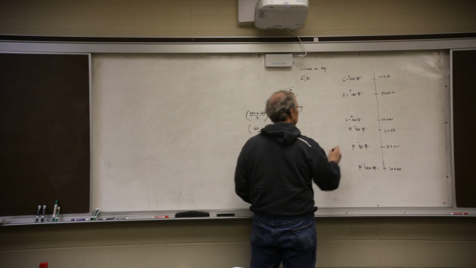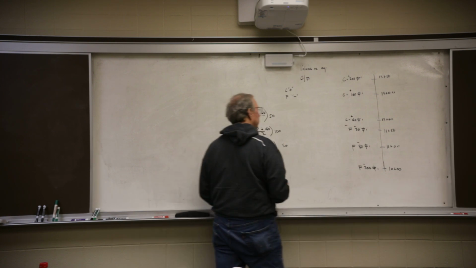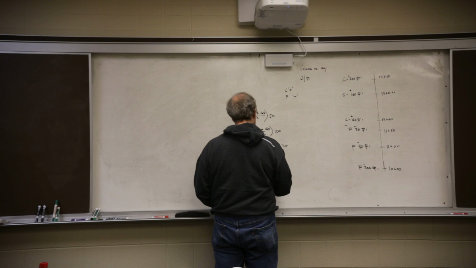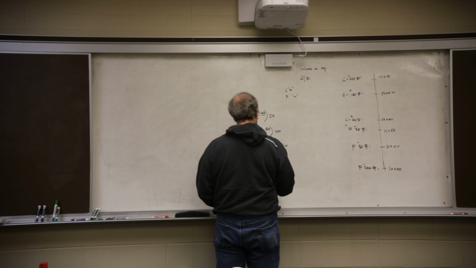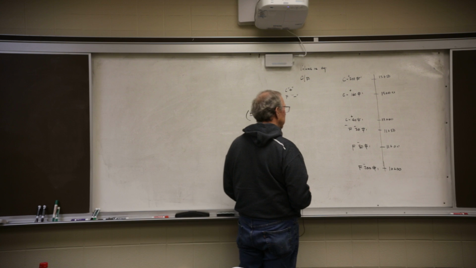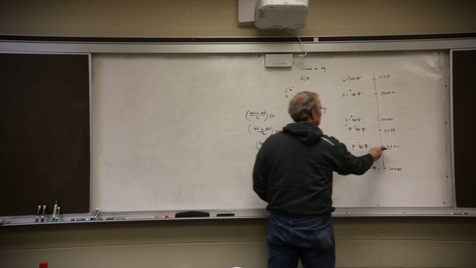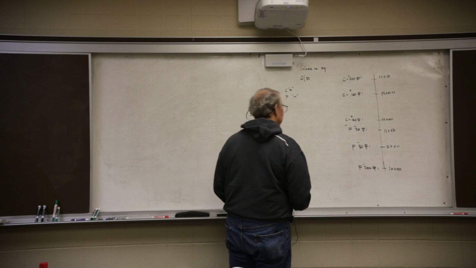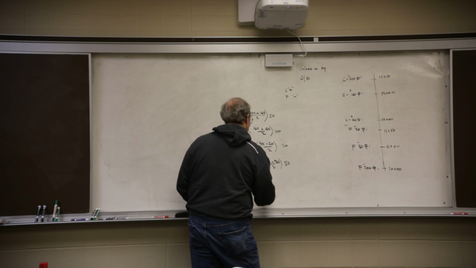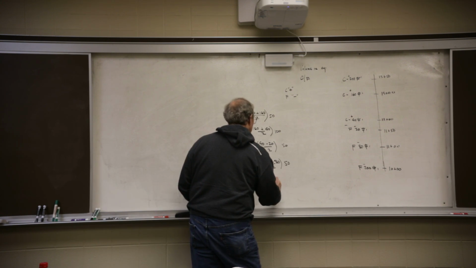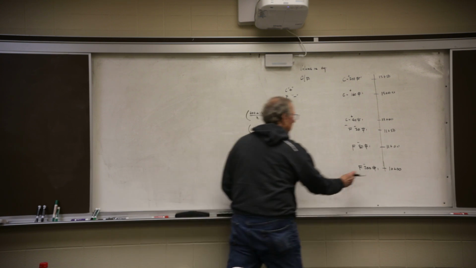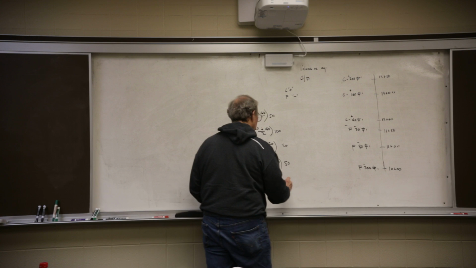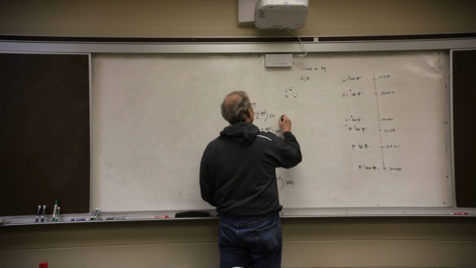That takes care of this one. Next one, minus 20 minus 80 divided by 2, 50 feet. And the last one, minus 80 minus 200 divided by 2, 100 feet. Do the math.